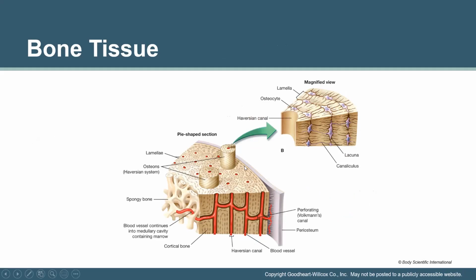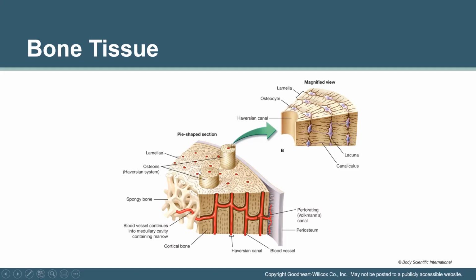Remember that the outer covering of the bone is called the periosteum. The Sharpey's fibers are these little fibers that will anchor it into the cortical layer or compact bone. So we notice within this compact bone, it definitely has a different microscopic structure than the spongy bone.